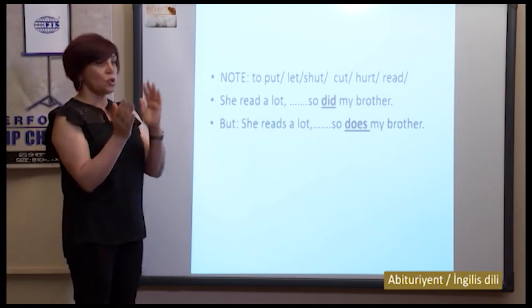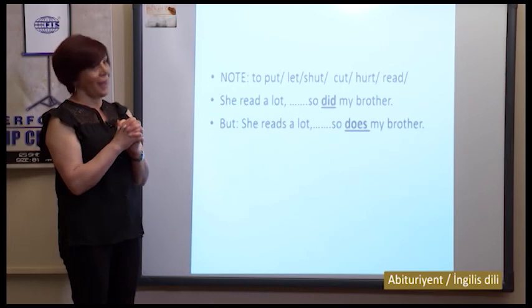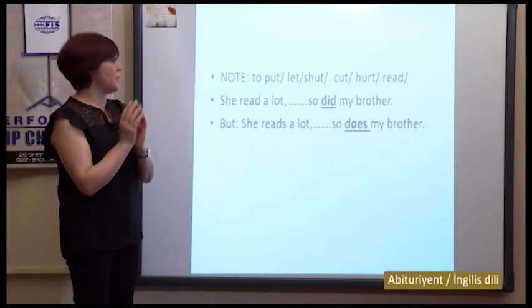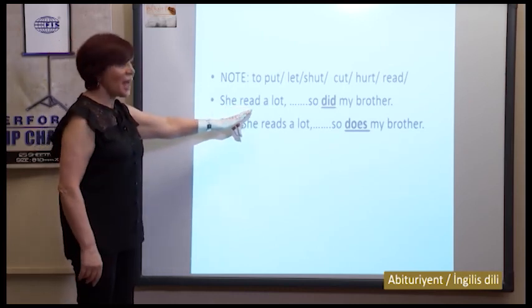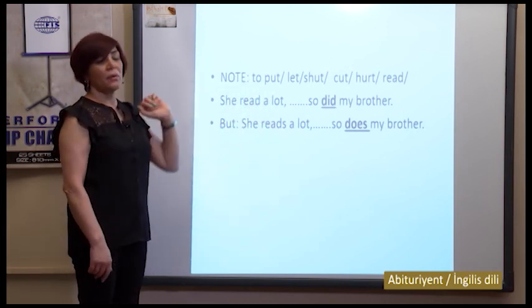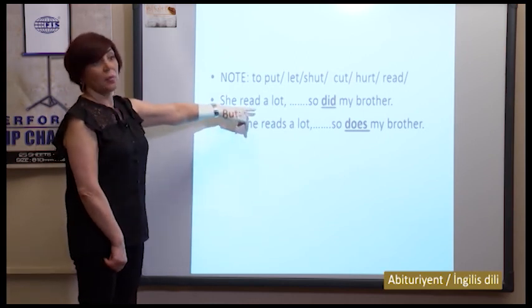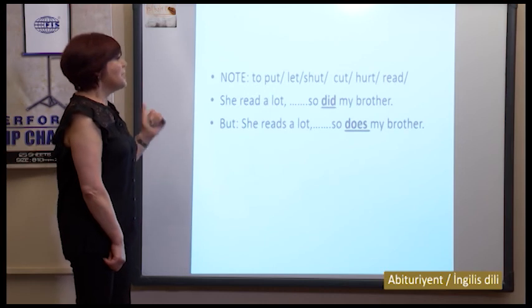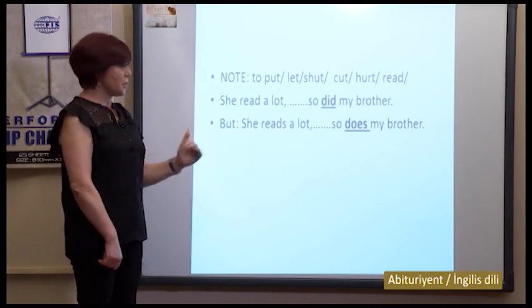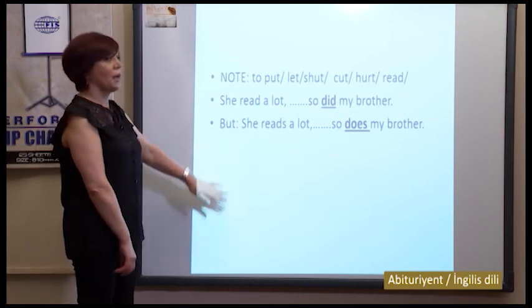And what about "so" and "neither"? If you agree, saying that it is true for you, we'll take "did" but not "does." Now please remember it. She read a lot, it is in the past. So did my brother. We can't say "so does my brother" because the sentence is in the past. But she reads a lot, it is in the present. So does my brother, but nothing about "so did my brother."